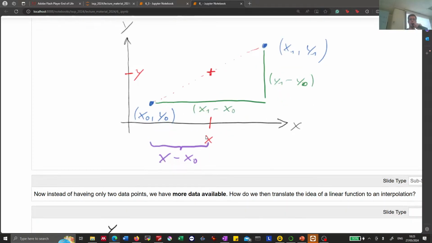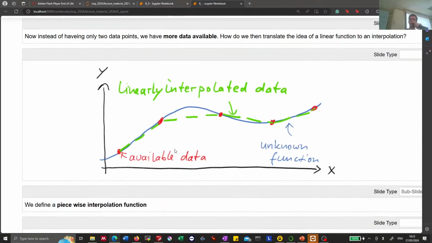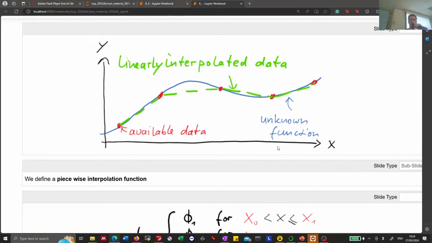So here we go. Inclination triangle, we have x, we have the shift, x to x null. Now, when we have more data available, we still could fit our data points to that unknown function, that is our measurement. Have 5 measurements, and provide estimates of the function values between my data points through the linearly interpolated data.